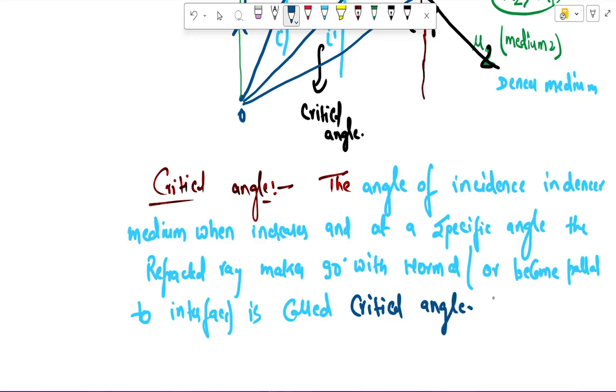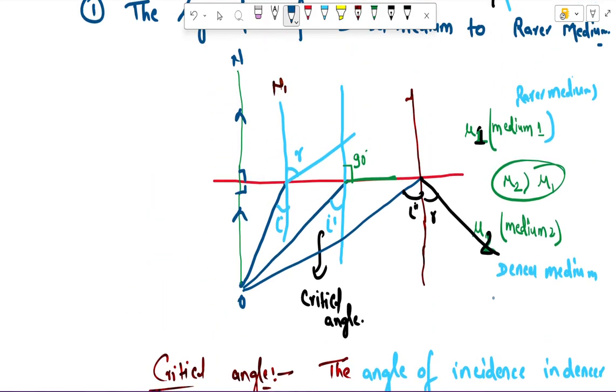I think now you can understand the concept of the critical angle. It is the angle at which the refracted ray becomes 90 degrees with the normal. After that, when we increase the angle, the phenomenon of total internal reflection takes place.